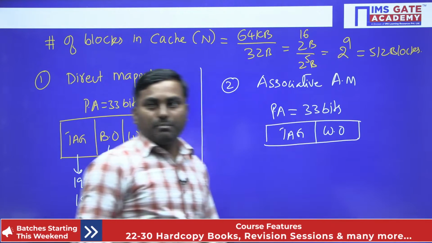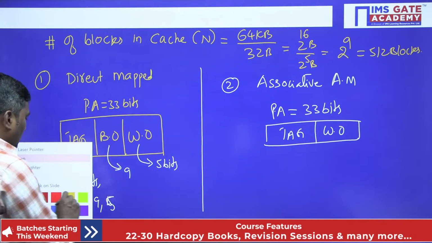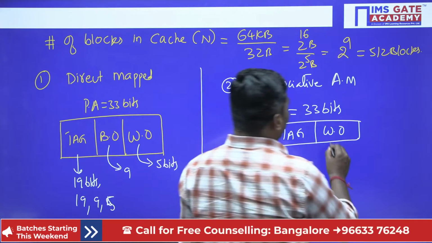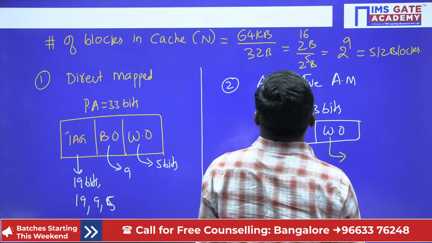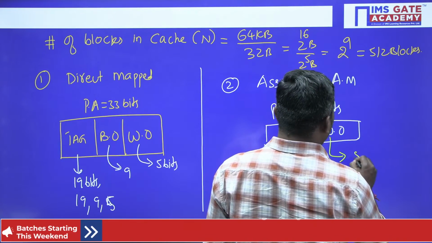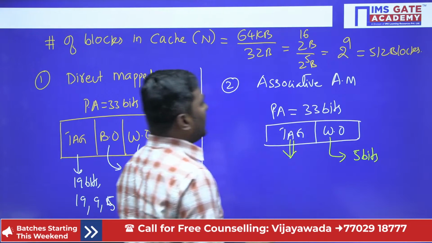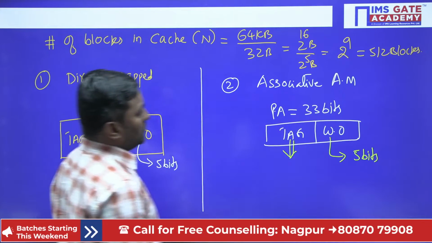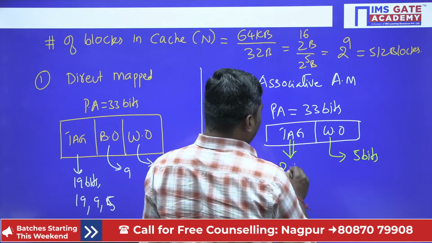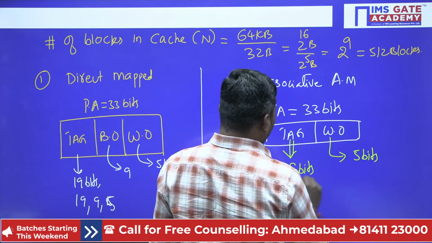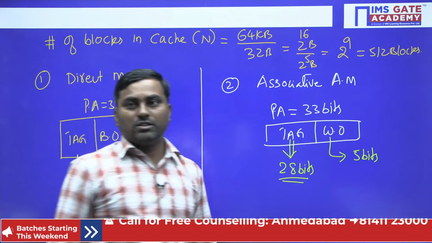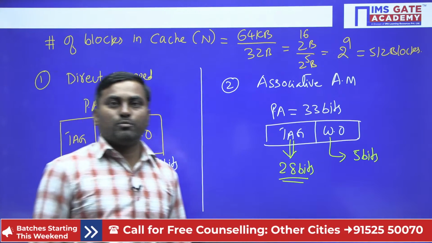This word offset depends on block size only. Block size is 32 bytes, so 5 bits required. For the tag, remove 5 from 33, so 28 bits for a tag. This needs to be understood.